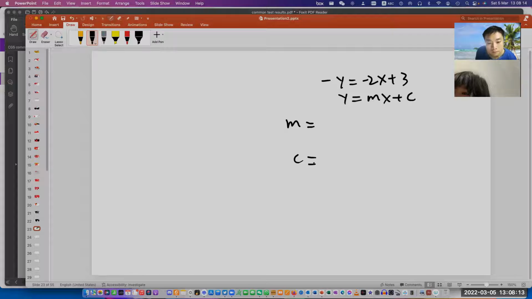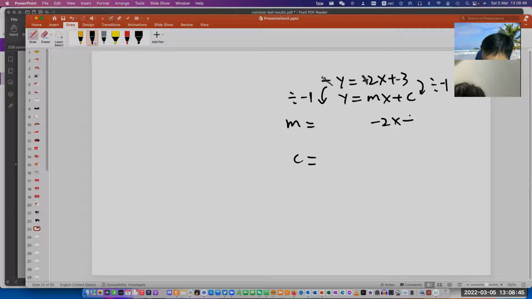Try not to use the word take away, because take away means you are not doing any calculation. Say instead, I want to divide by -1. When you divide by -1 on the left, you need to divide by -1 on the right too.